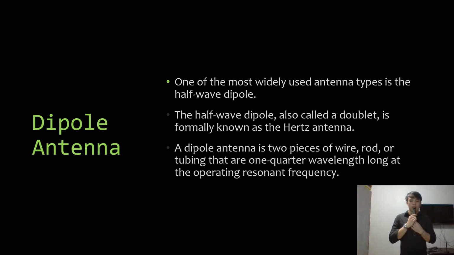A dipole antenna is two pieces of wire, rod, or tubing that are 1/4 wavelength long at the operating resonant frequency. As I said before, this is the antenna that Mr. Hertz invented.